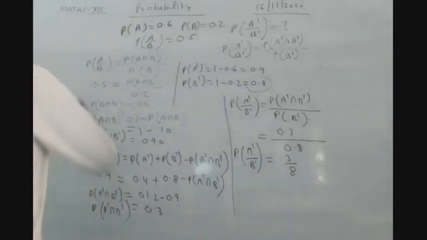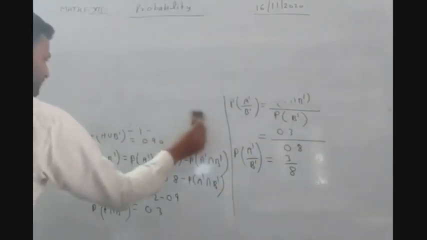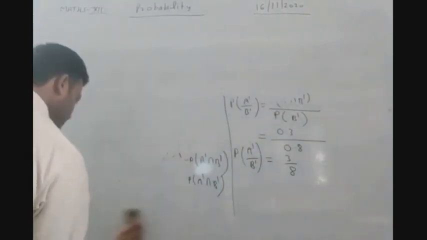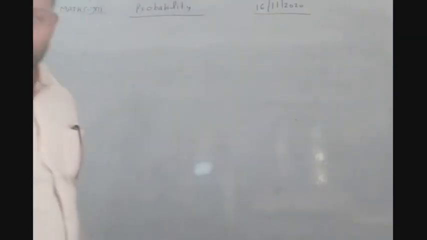Our next question is, an insurance company insured 2,000 scooter drivers, 4,000 car drivers, and 6,000 truck drivers, and the probability of an accident are 0.01, 0.03, 0.15 respectively.